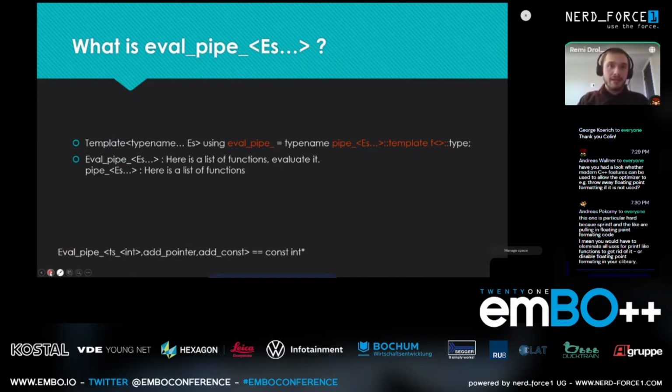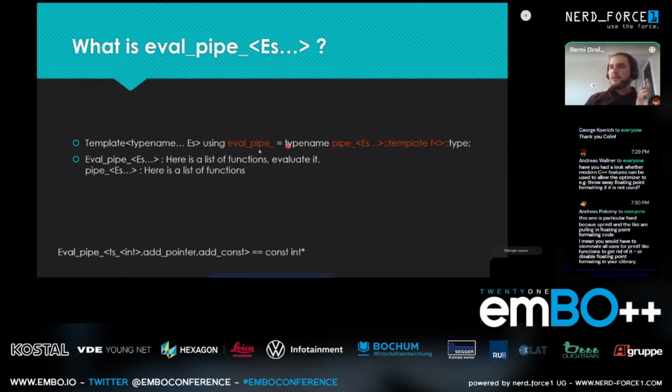Okay, eval pipe. Now this is the big thing. It's just an alias. It's an alias to pipe, so everything inside it is a meta expression. Template f and nothing. That's interesting.